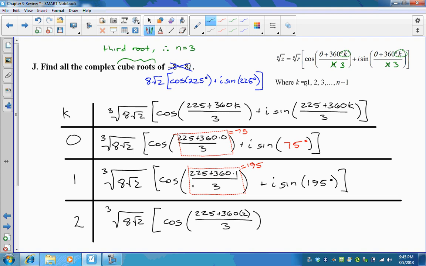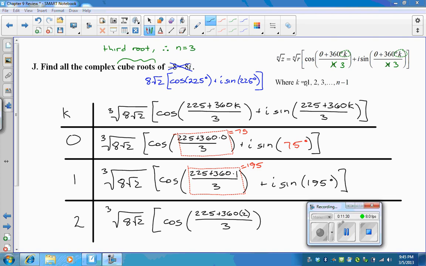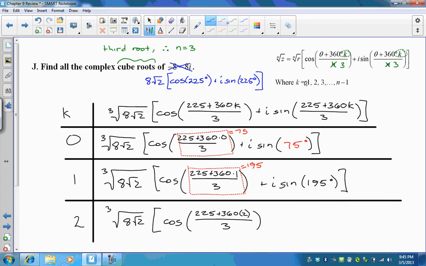But let me check and make sure. Yeah, I was right. It is 315 degrees. So all of this is equal to 315. And so for my sine one over here, rather than punching it in the calculator again, I'll just go ahead and say 315 degrees.